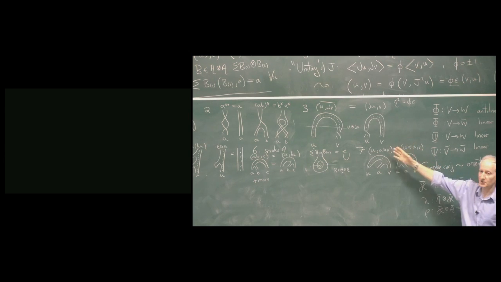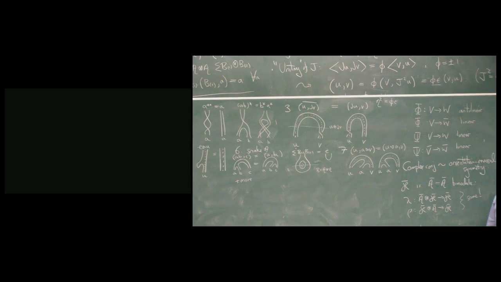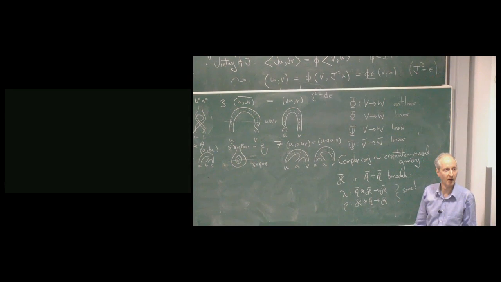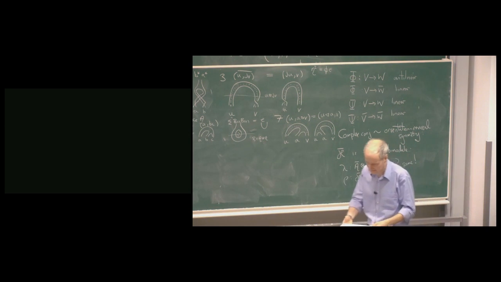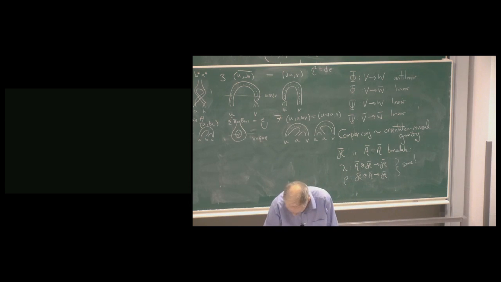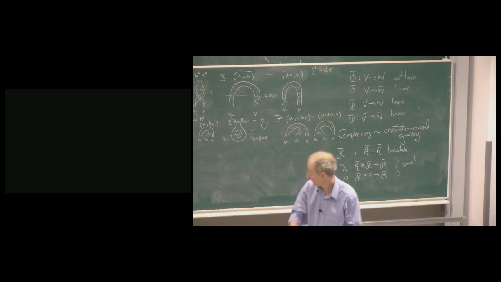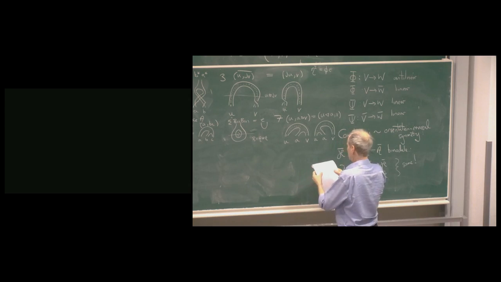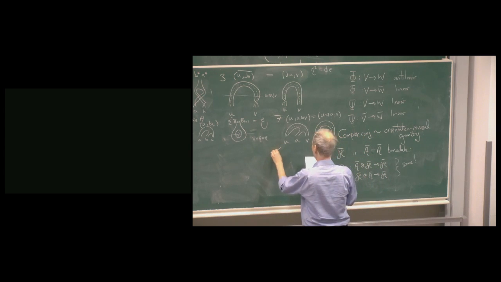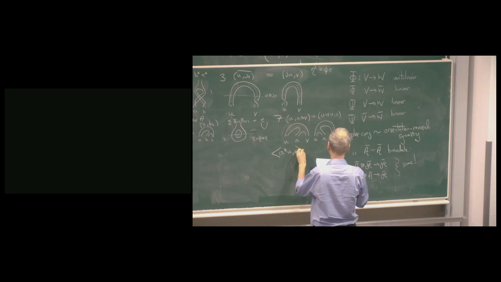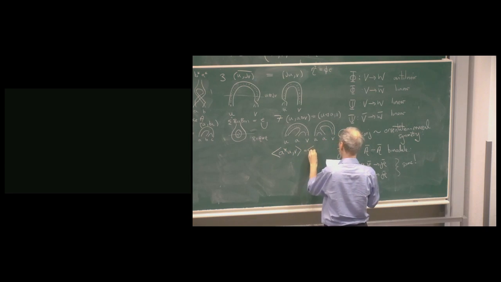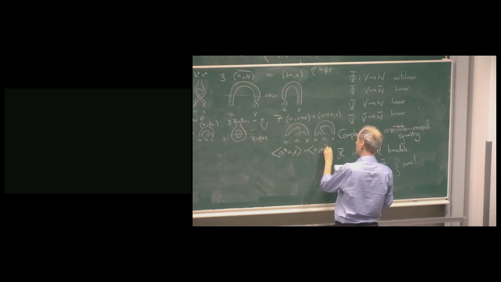So perhaps somebody can tell me what usual axiom of the spectral triple game that this corresponds to. Well, okay. So what it is, it's the axiom that says that A star in the Hilbert space in the Hermitian inner product language is this, that A star really is the adjoint.